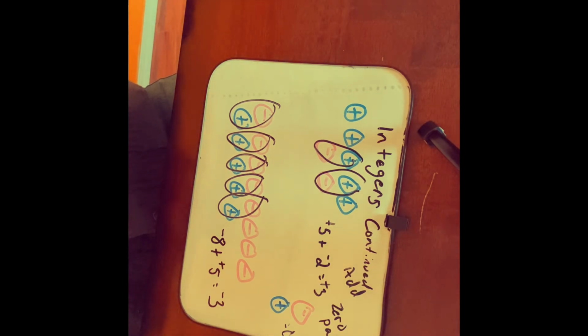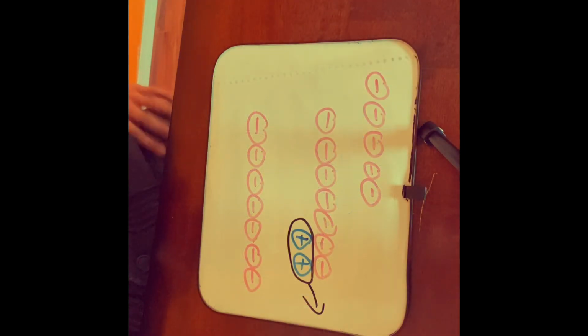So that's how we identify number sentences when it comes to integers, when adding. We're going to take a look at subtracting here in a second. So here we have subtraction using integer chips, and this is a subtraction example.